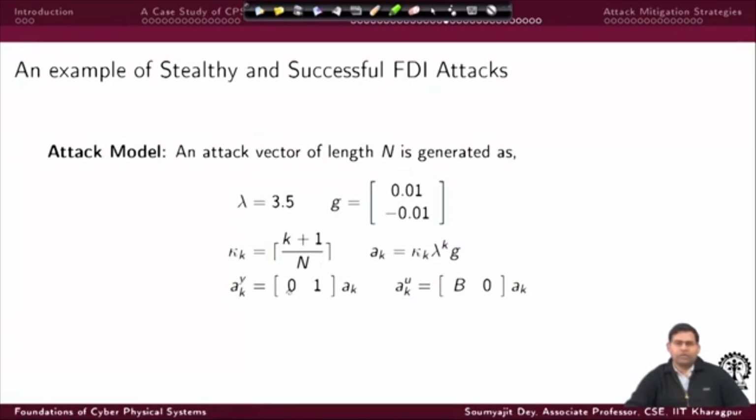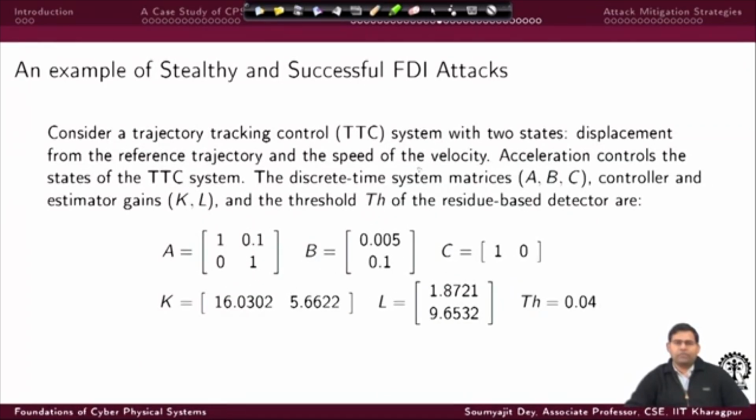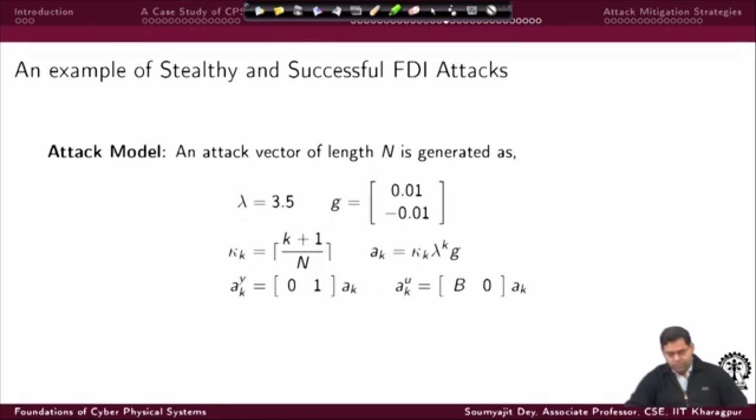For this system you have your states, that is the displacement from the reference trajectory and the velocity of the vehicle. You are also measuring this deviation from the trajectory. So, x is essentially the deviation and the velocity, and your y is basically one of the x components itself, which is the deviation component. That is why when you are applying the attack, you are choosing one of the components, because you are trying to attack one quantity here.